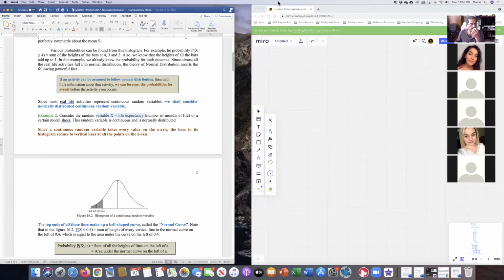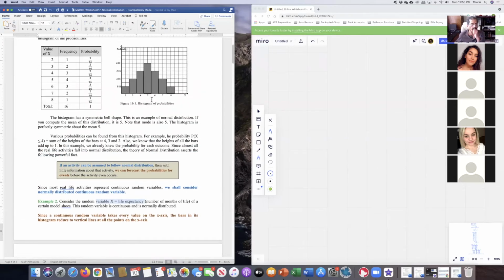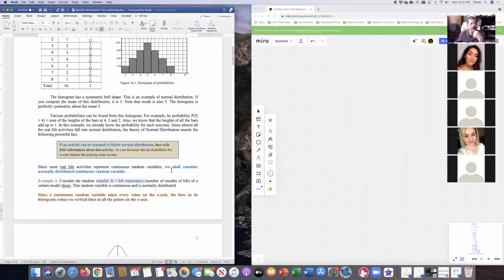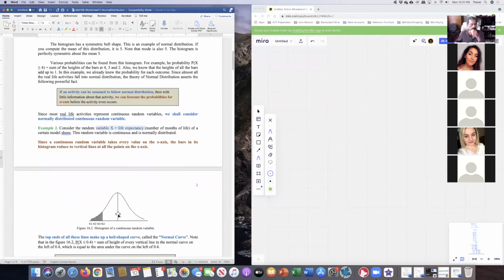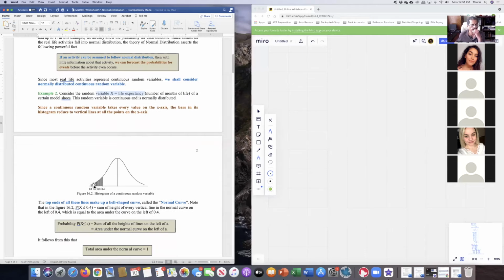So what happens if I draw the histogram like here? Here the histogram has these thick bars because the value 2 has a bar, value 3 has a bar. Only discrete values needed to be shown. But if it is a continuous random variable, then 0.01, 0.02, all those have to be shown. If I draw the histogram for the life expectancy of the shoe, 0.1 is a possible value, 0.15 is a possible value, 0.11 is a possible value.